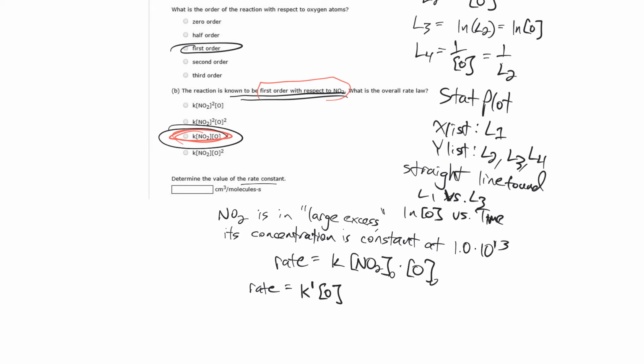And if you take that from the larger integrated rate law, we could say, okay, K prime is equal to the real rate constant K times NO2. So all of our calculator's work was finding the rate constant under these doctored up conditions.